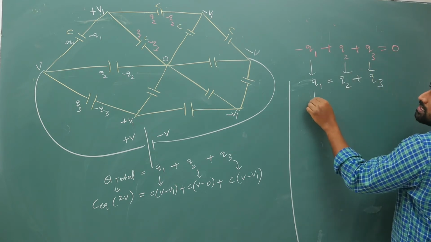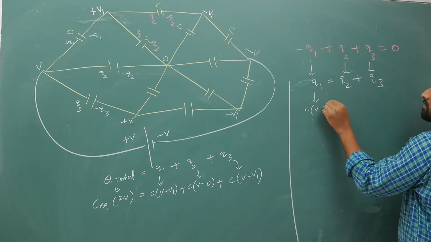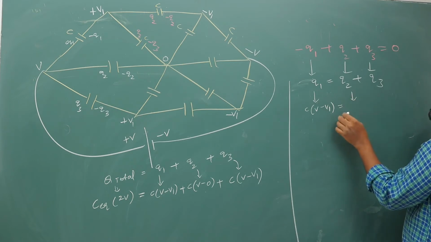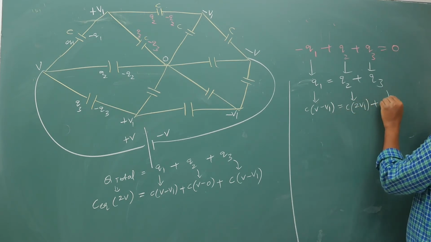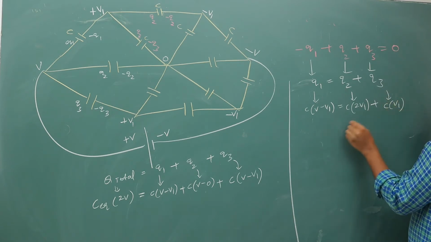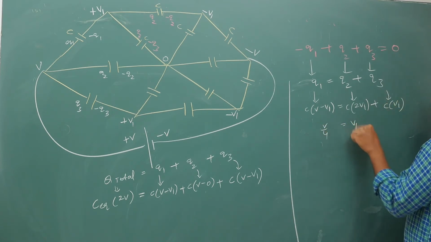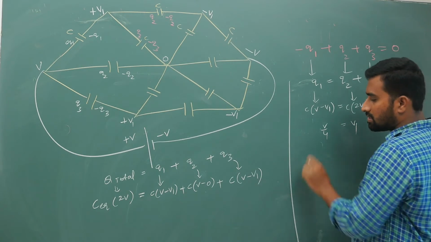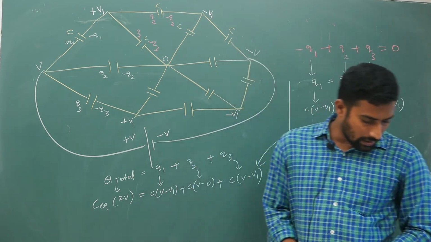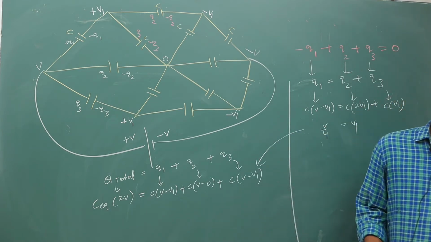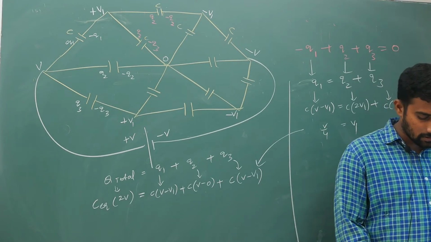Q1 is C times V minus V1, Q2 is C times 2V1, plus Q3 is C times V1. So V by 4 is equal to V1. Take this back, substitute, simplify to get the C equivalent. So this is how you are supposed to do the basic questions.